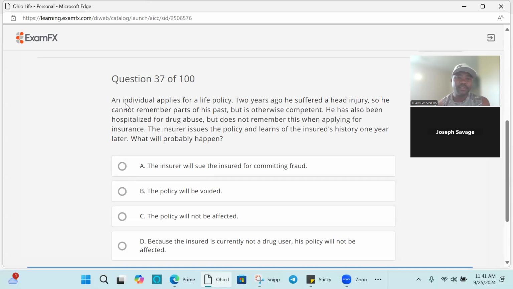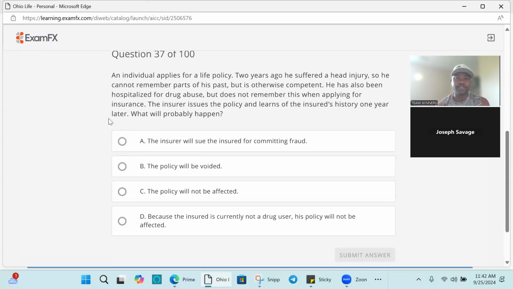An individual applies for a life policy. Two years ago he suffered a head injury, so he cannot remember parts of his past, but is otherwise competent. He has also been hospitalized for drug abuse, but does not remember this when applying for insurance. The insurer issues a policy and learns the history one year later.